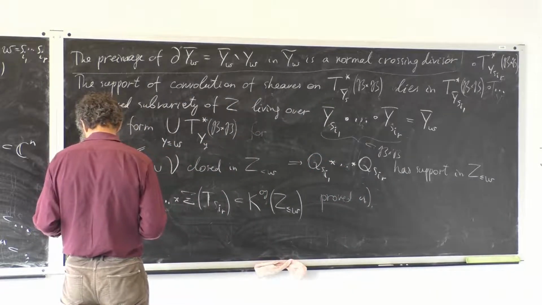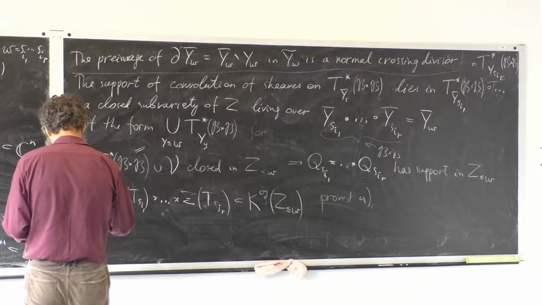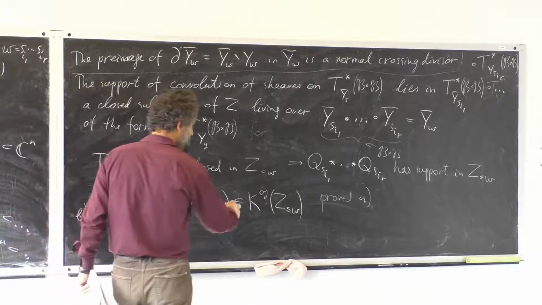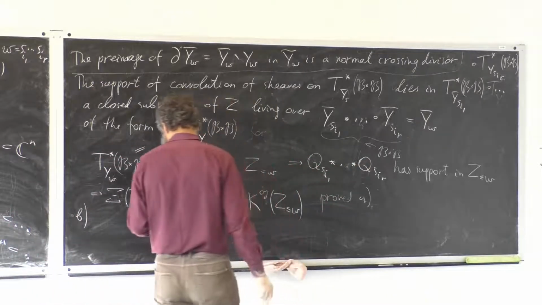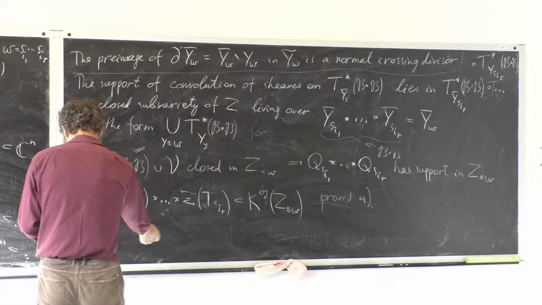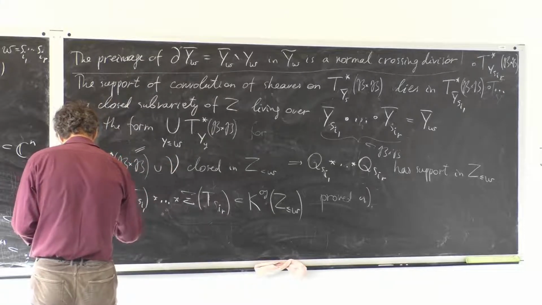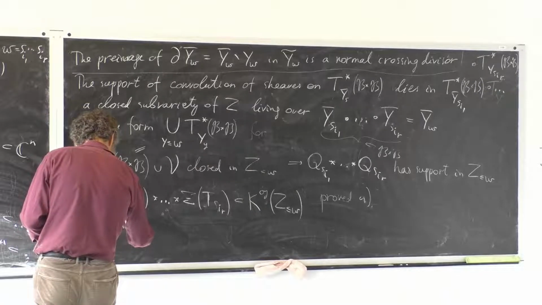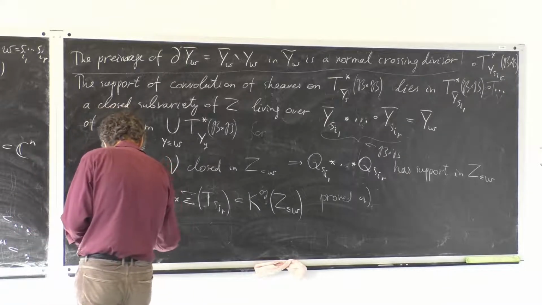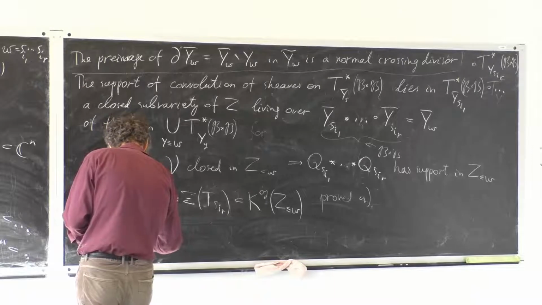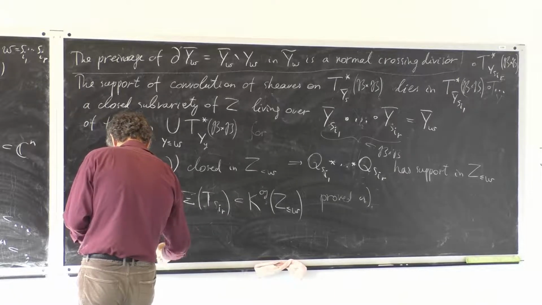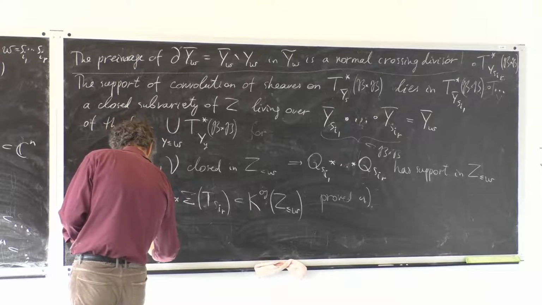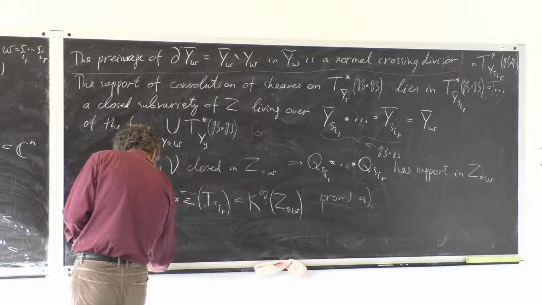Okay, and now the more subtle point is B, when I have to compute the leading term of this convolution. So we know that psi of Ts restricted to the conormal bundle to the open orbit.